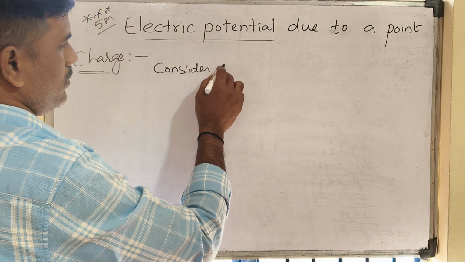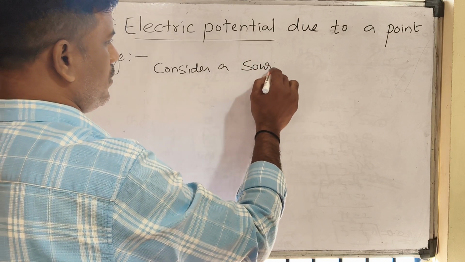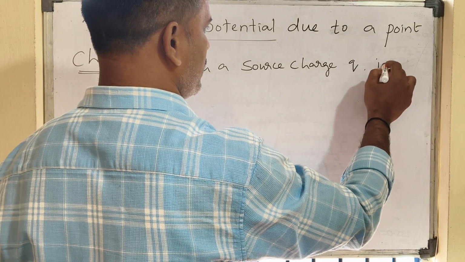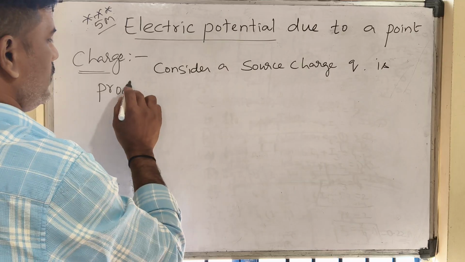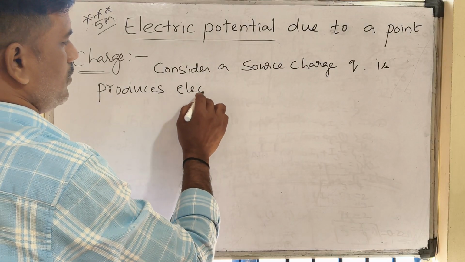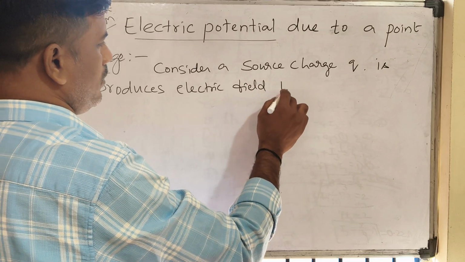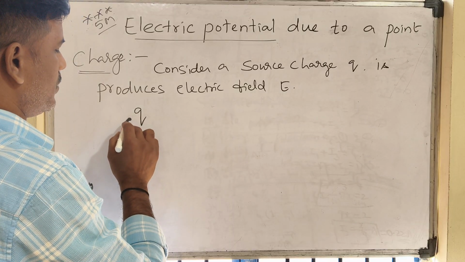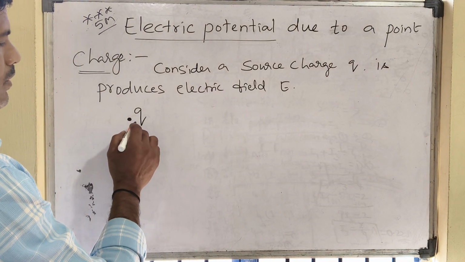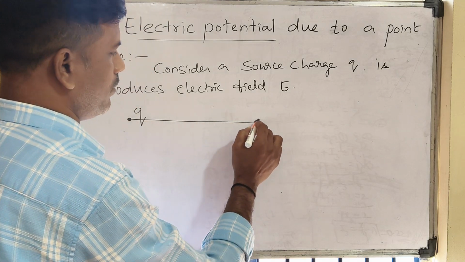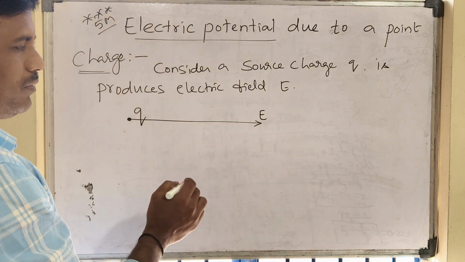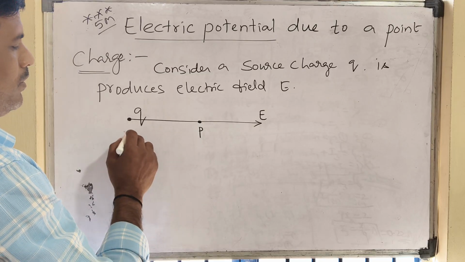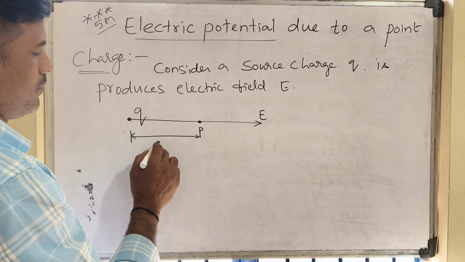Consider a source charge Q which produces an electric field E. It is a point source charge Q. We need to calculate the electric potential at point P, at distance r from the charge.